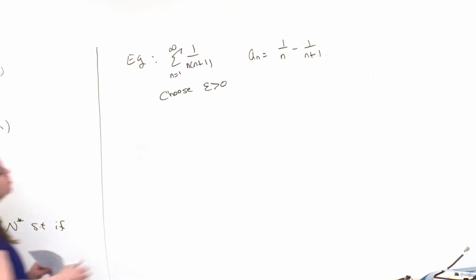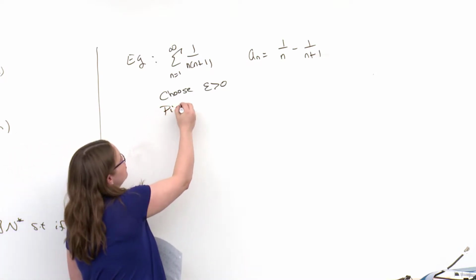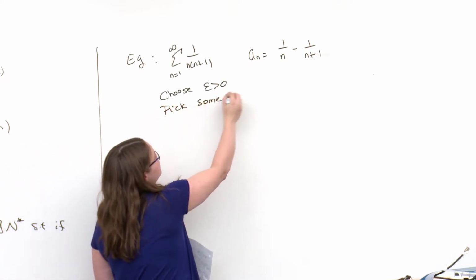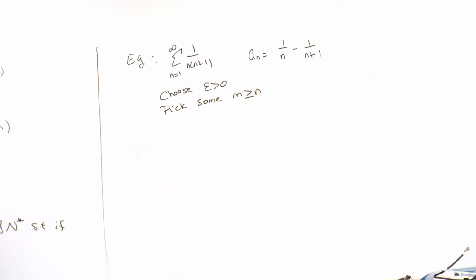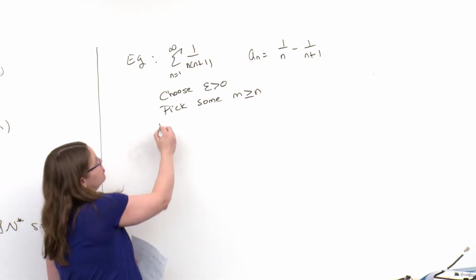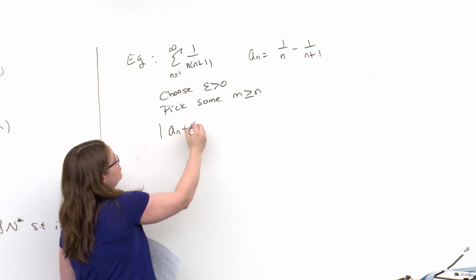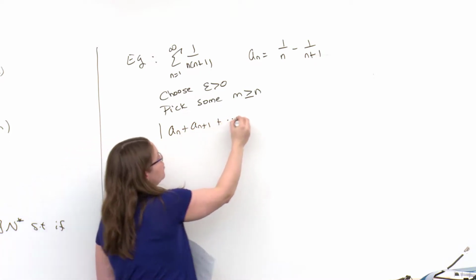But we'll start with picking some m and n. One of them's bigger than the other one. Doesn't really matter which one. And we want to add up all the terms in between them. So we look at the terms in between them. We go An plus 1 all the way down to Am.